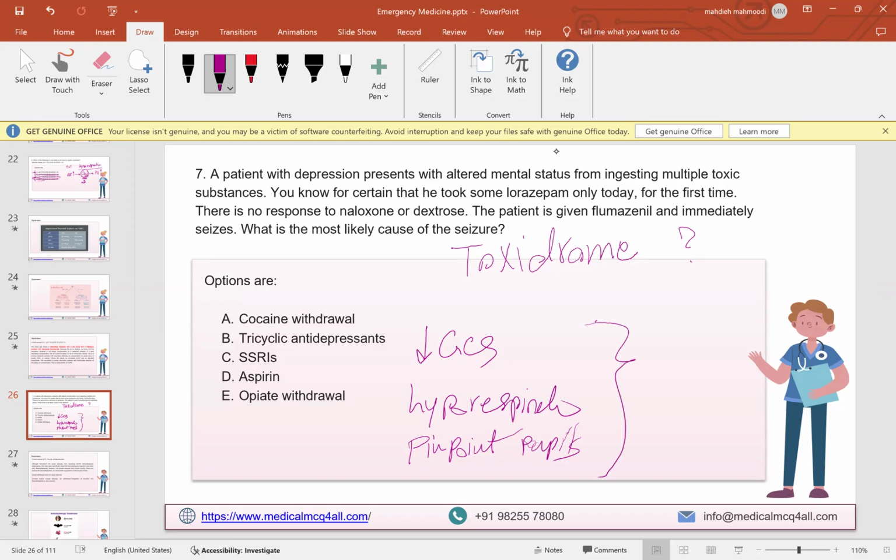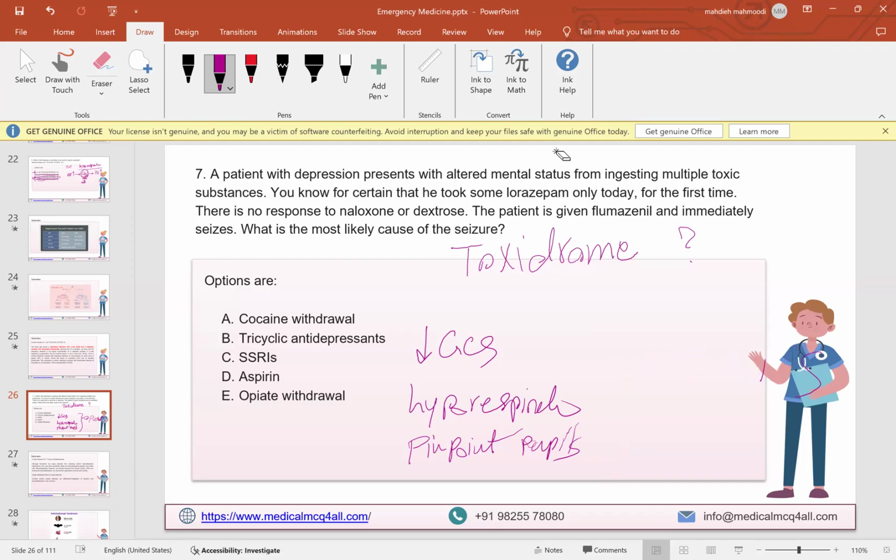This is the toxidrome of which poison? Opioids. Come on, it was easy, right? Yes, okay.